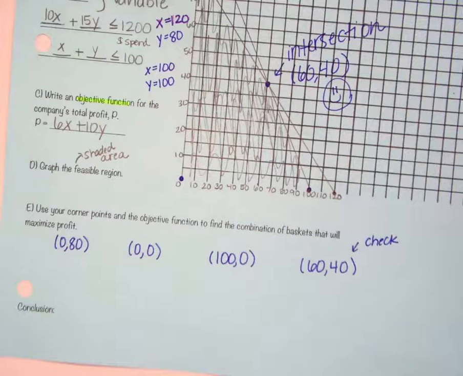Let's say that our intervals weren't good or we made a mistake graphing and that point didn't work out. What have we done this year that represents where 2 lines intersect? What would we have to do with these 2 equations to figure out what that correct coordinate is?